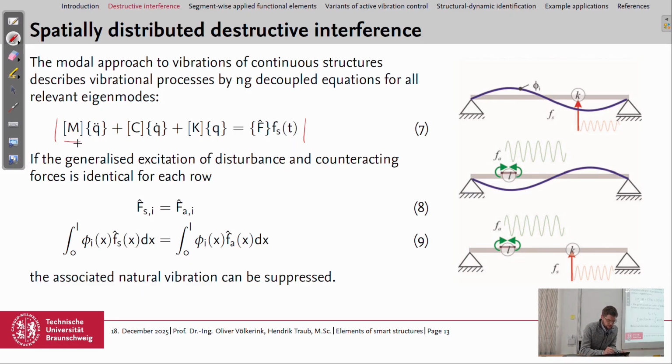We have the generalized mass times the acceleration, the damping times the velocity, and the stiffness times the modal coordinate again. And then we have here again the external excitation, where F is the generalized excitation, so the amount of excitation on the respective eigenmode we are looking at.